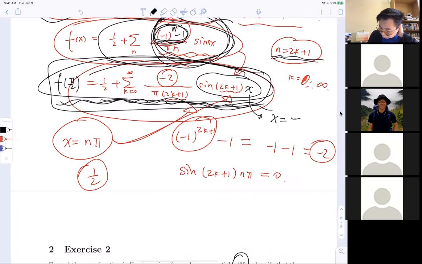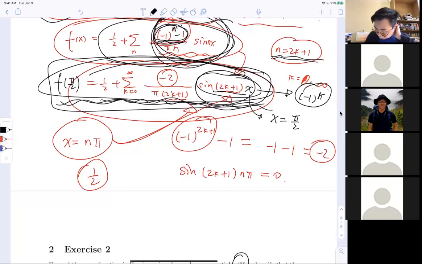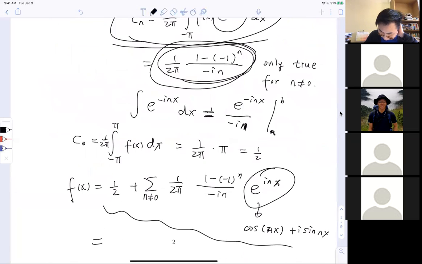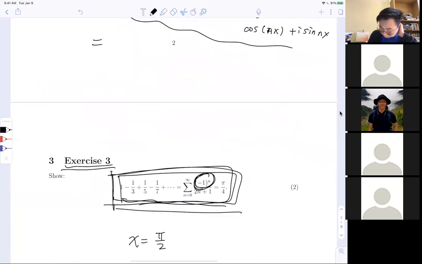But if you set it to pi, then it becomes 0, and then you will get 0 equal to 0. That's not what we want. So you try this. You will find this becomes (minus 1) to the k's power. This corresponds to this term here.